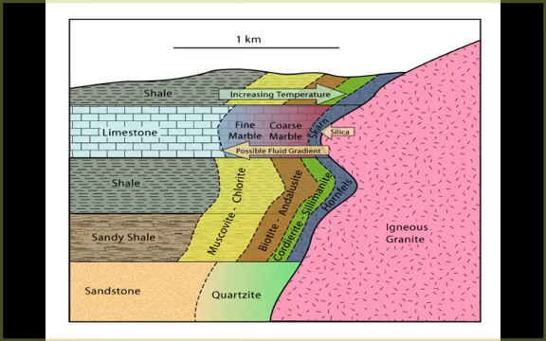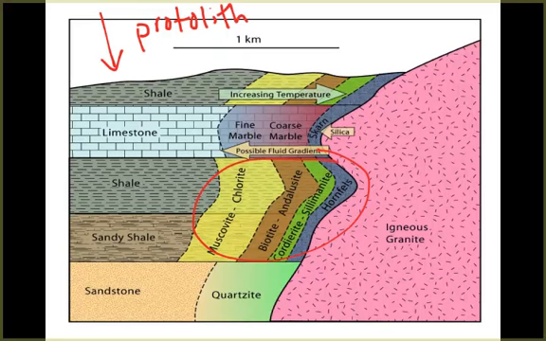And the rocks that you get out are going to depend on the protolith. And here is shown a shaly protolith, a limestone, a sandy shale, a sandstone, and the kinds of metamorphic rocks that result from heating from this pluton will depend on the chemistry of what's going in.